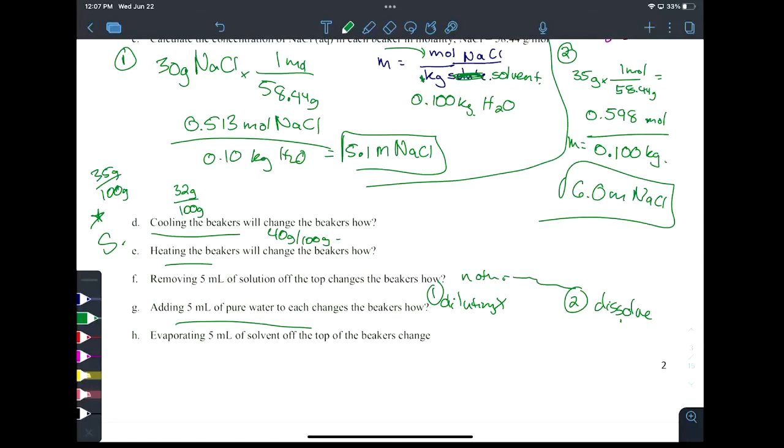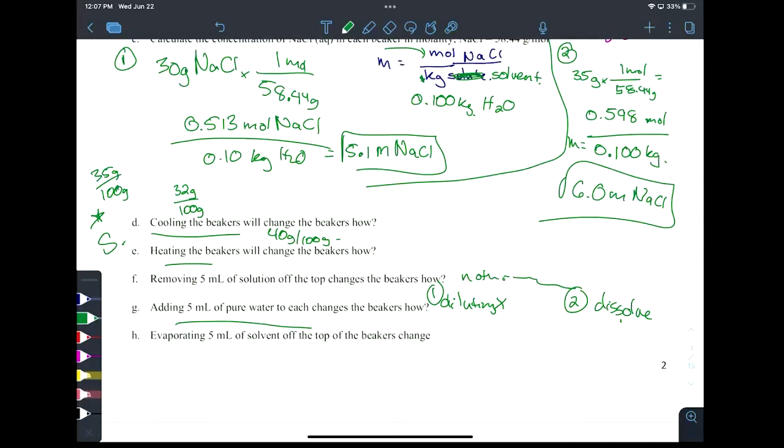I'm just saying that we evaporate a little bit off. So it's just going to get a little bit more concentrated, a little bit more than 5.1. It might be like 5.2 or something. Concentration just goes up. Yeah? At equilibrium, yeah. Good question, yes.